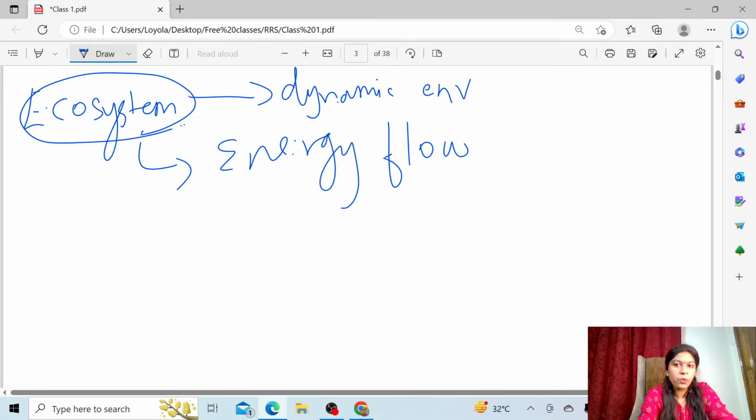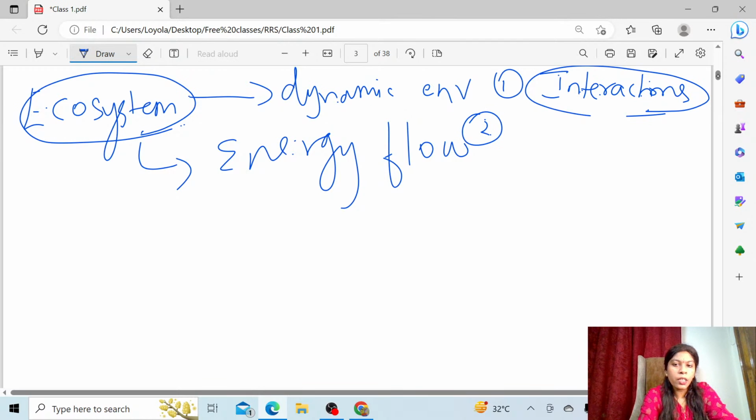First, starting from interactions among the organisms, how an organism is going to interact among themselves, that is an important topic. Secondly, you will be seeing how energy flows through the food chain, food web. All these concepts I will be explaining. Food web, and then nutrient cycles, all this we will be seeing.